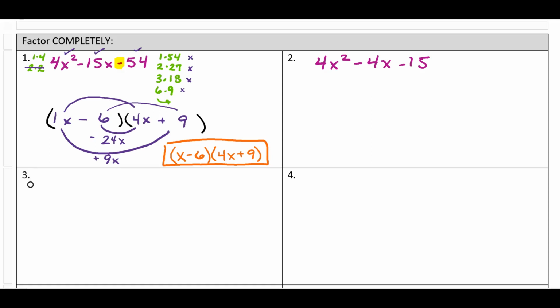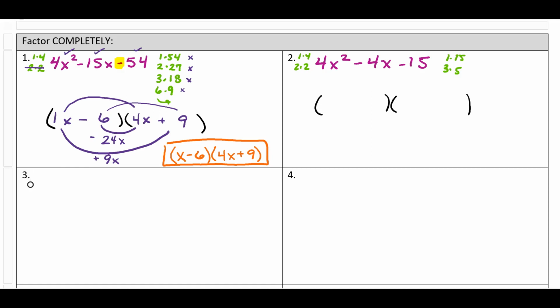So 4 is going to be 1 times 4 and 2 times 2. 15 is going to be 1 times 15 and 3 times 5. Now this one's already a little bit nicer because we don't have quite as many factor pairs for either number. So now we're going to draw our parentheses. Now of course you were first supposed to check for a greatest common factor. However, this does not have a greatest common factor.